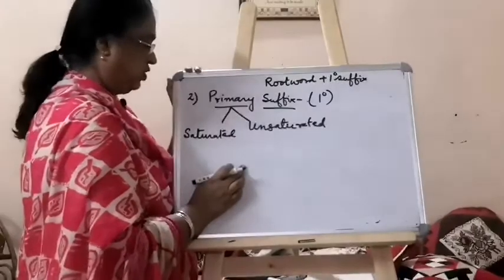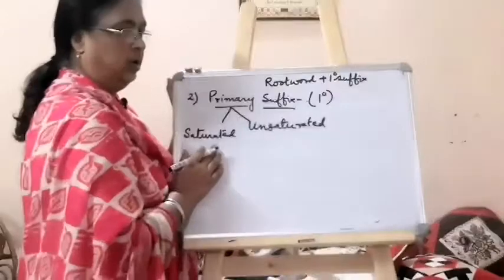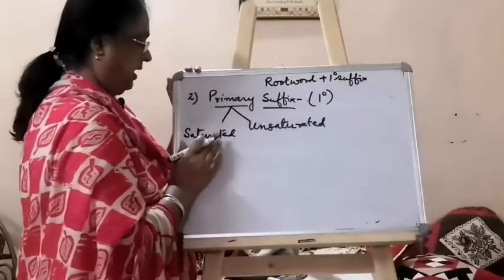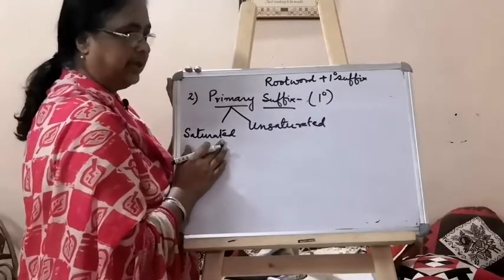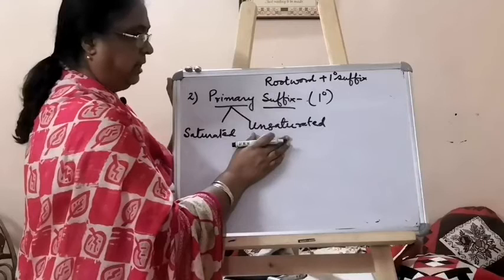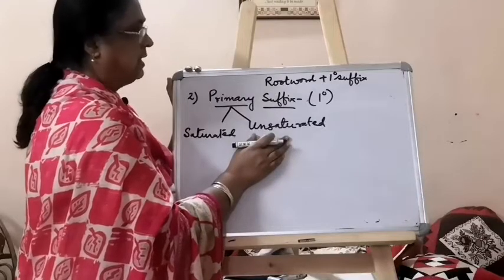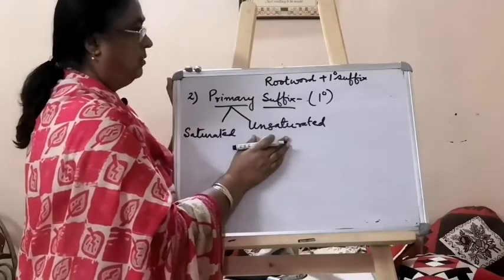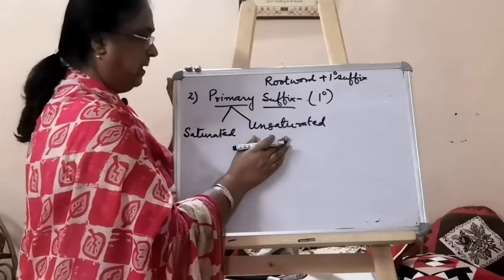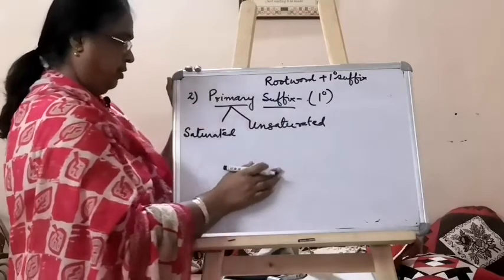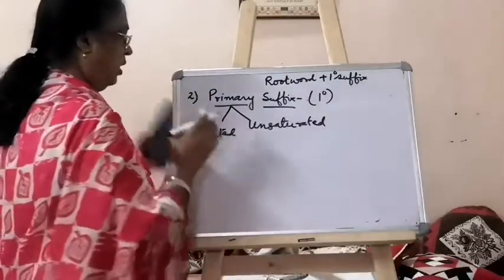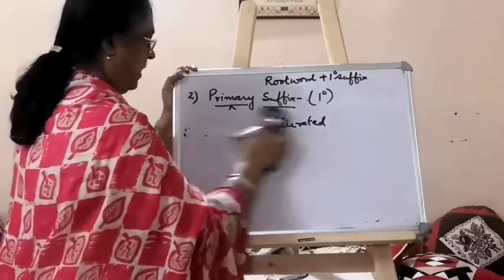So compounds which have only single bonds, no double or triple bond, that aliphatic compound is called saturated. But when we have a double and triple bond, along with a single bond, it is called an unsaturated hydrocarbon or aliphatic compound. So we will do the primary suffix for these.